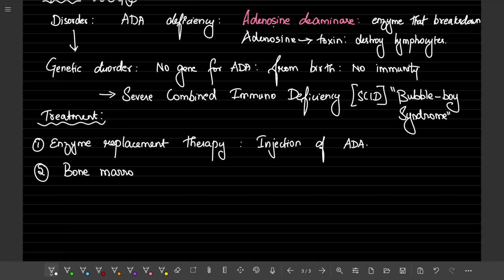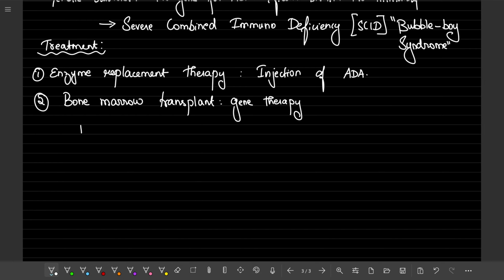Second solution is what? Bone marrow transplant through gene therapy. This is what gene therapy is. So the gene therapy was first done when? Hope you are all writing.